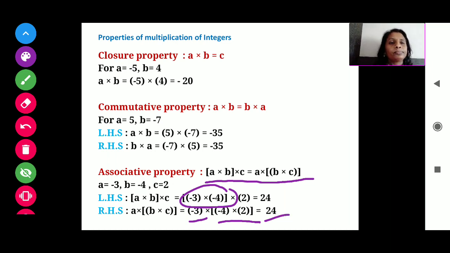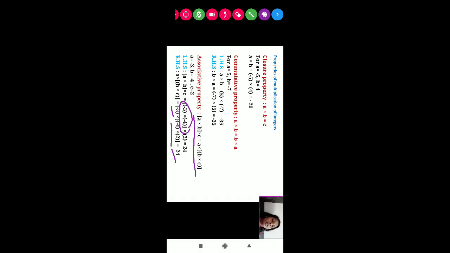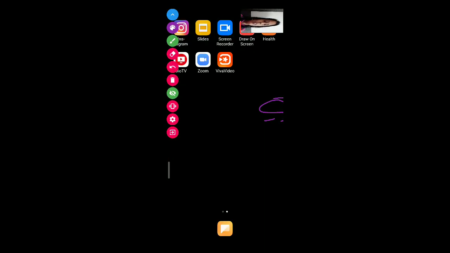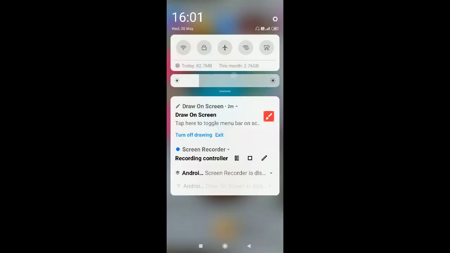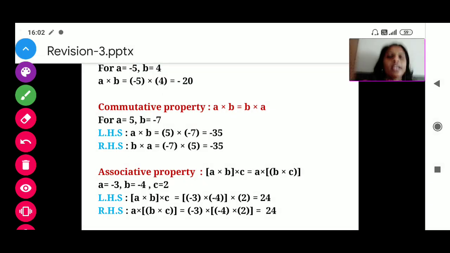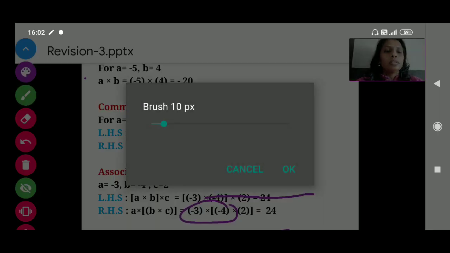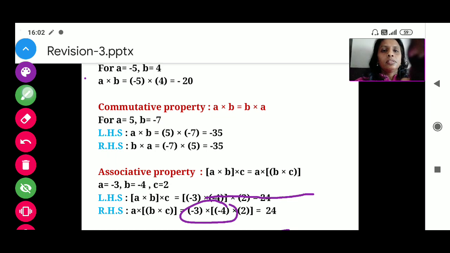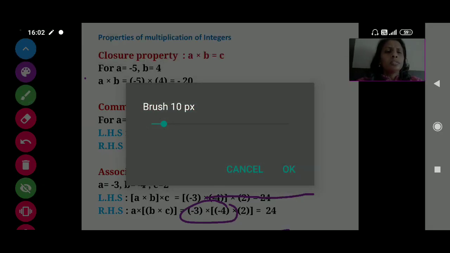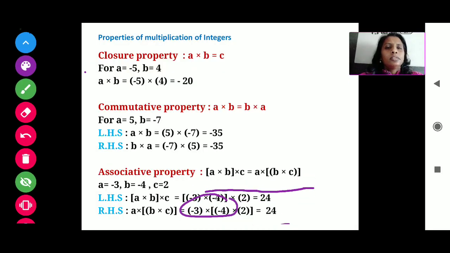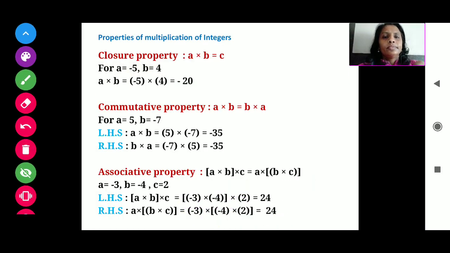I can show you here. First a into b into c.